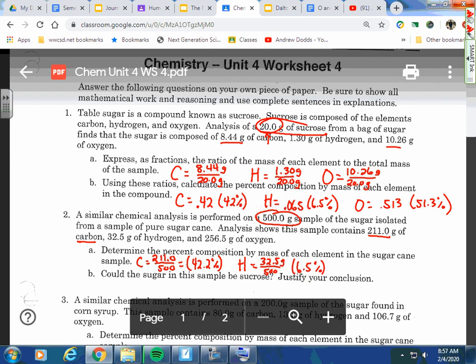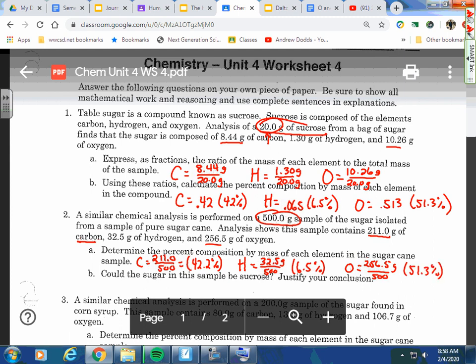And the last one is oxygen. And it says the oxygen is 256.5 grams. Divide that by the total, 500. And it's 0.513. So that would be 51.3%.